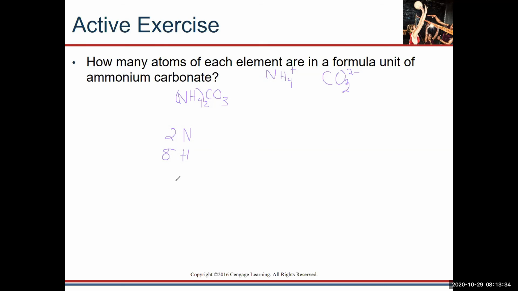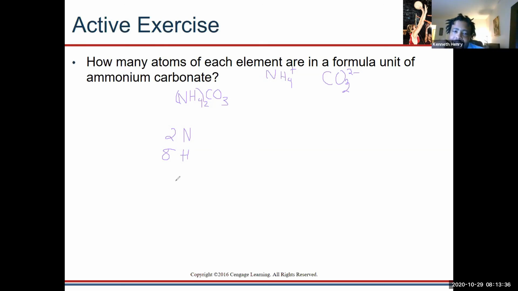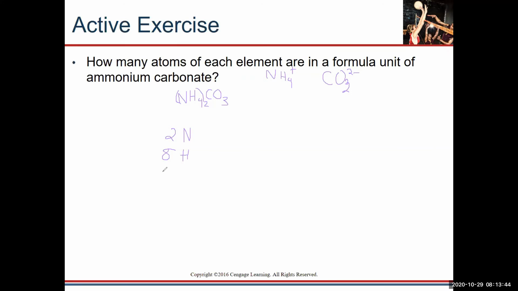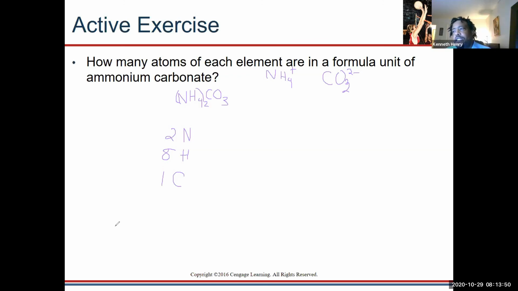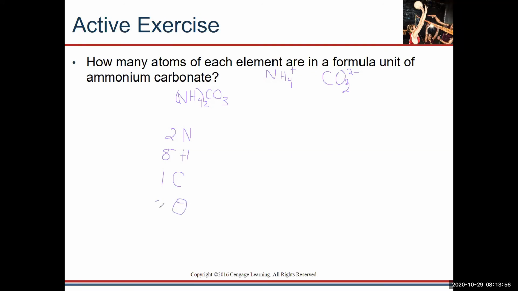You have to unmute yourself, Eileen. Azucena, how many carbons? 1. Damaris, how many oxygens? 3. Okay, simple.